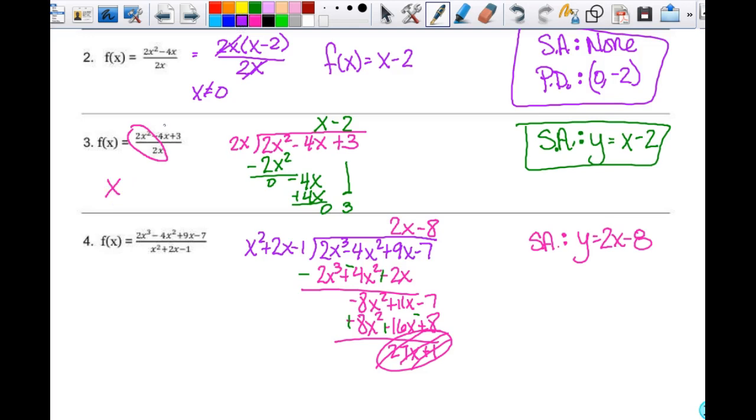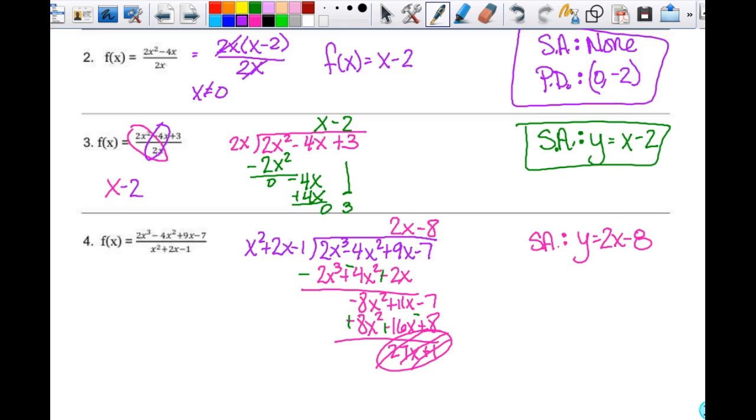If I do negative 4x divided by 2x, that leaves me with minus 2. And then that's a remainder that I don't care about. So you can kind of just reduce it that way and you get the same answer. So if you understand how to do that and you can do that accurately, then you're good. Okay? Questions? All right, grab your homework. What'd you say? Only with a monomial, yes.